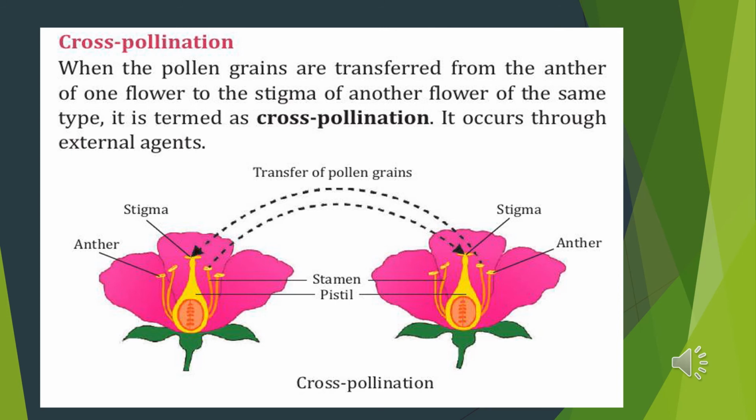But in cross-pollination, we need external agents. In the next slide we will study the agents by whose help cross-pollination happens. First you can see the figure: stigma, anther, transfer of pollen grains from one flower to another flower.